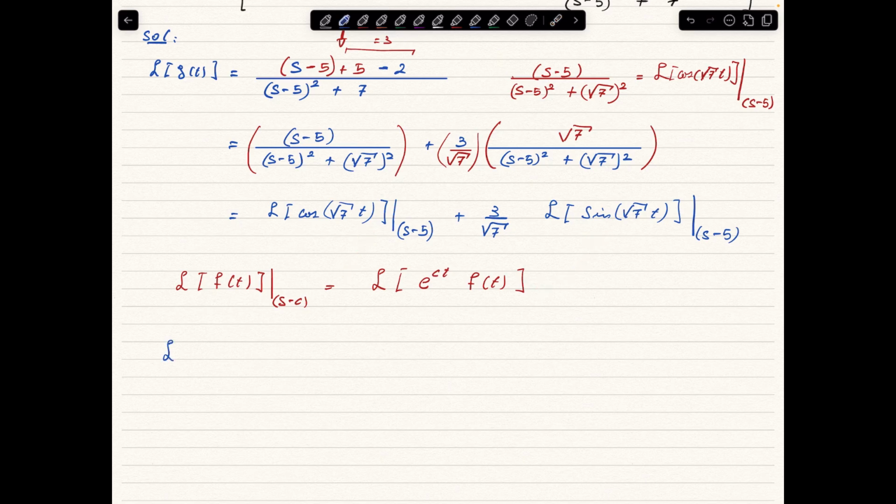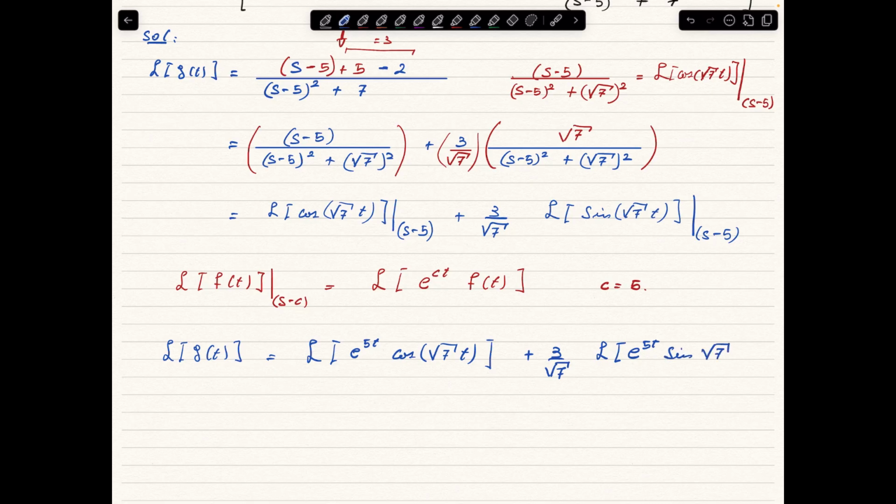And then we are going to have that the Laplace transform of the function g of t is now equal to the Laplace transform of an exponential, and what is c in this case? C in this case, in both cases, is 5. So this is going to be exponential 5t cosine of the square root of 7 times t, plus we still have these factors, 3 over square root of 7, and then Laplace transform of exponential 5t sine, we are not shifting the sine here, square root of 7t.